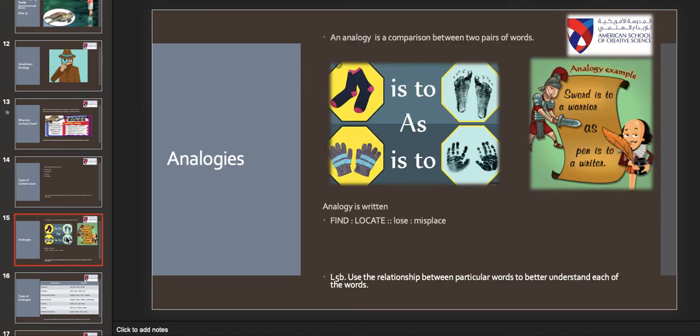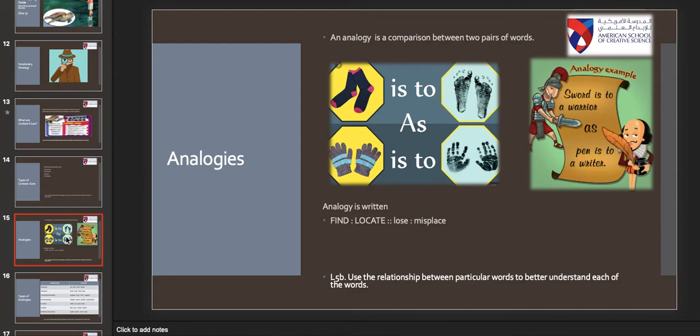Analogies. An analogy is a comparison between two pairs of words. We have two pairs of words, we compare them, we show the relationship between them and what is the difference between them.